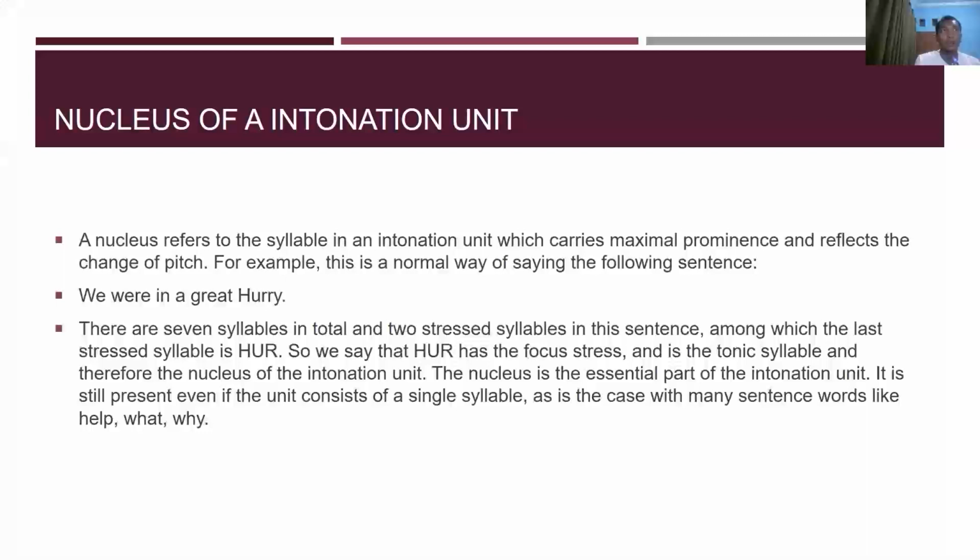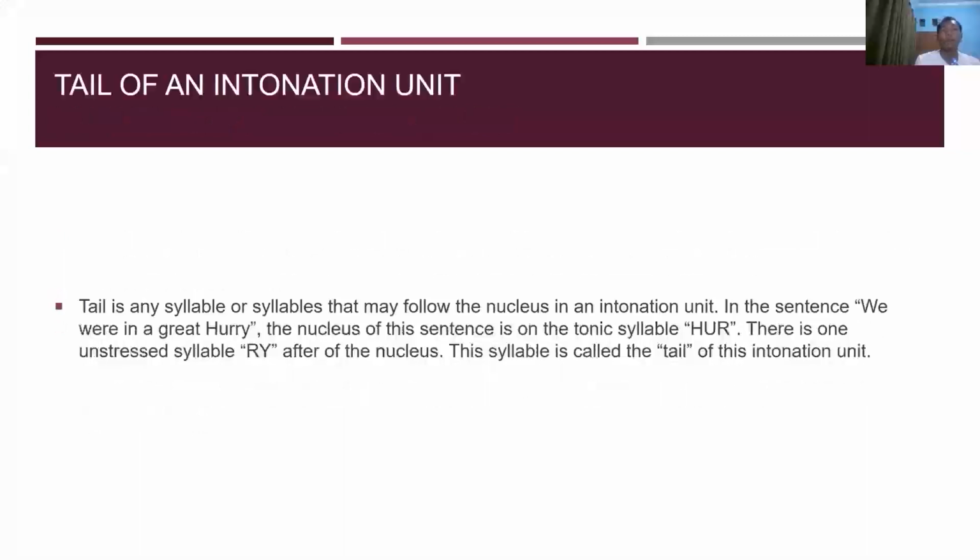It is still present even if the unit consists of a single syllable, as is the case with many sentences, words like help, what, and why. The tail is any syllable or syllables that may follow the nucleus in an intonation unit.